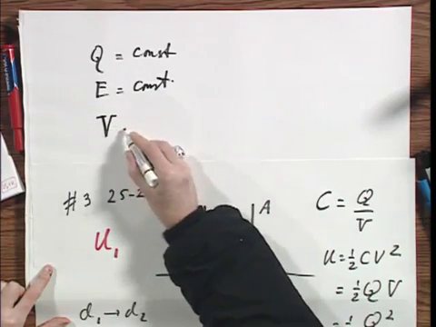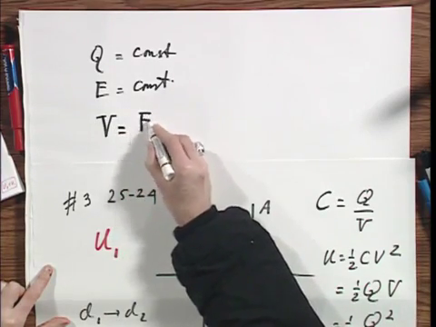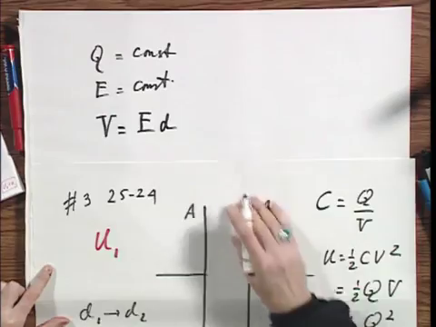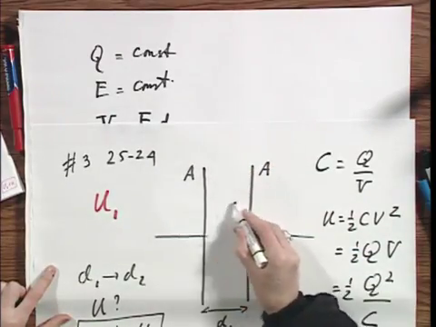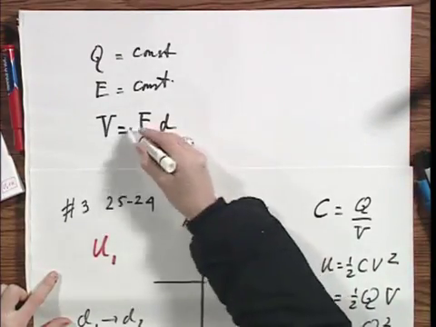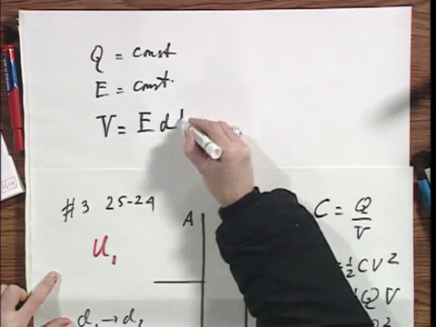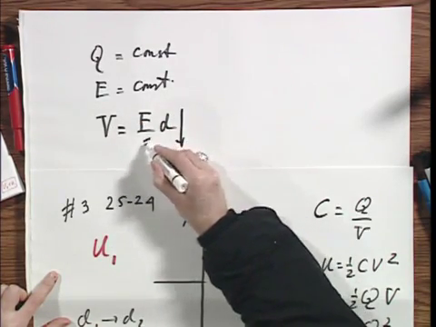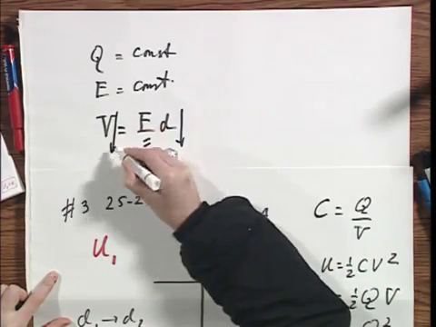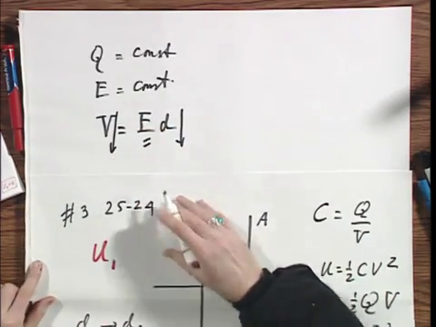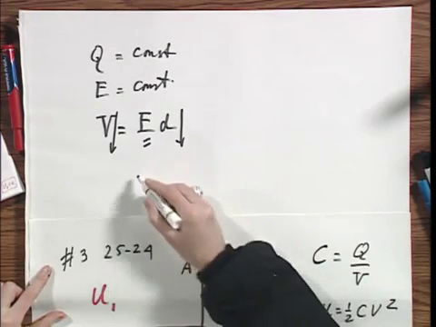Since the potential difference between the plates is the electric field times the distance d, it's the integral of E dot dl, it's immediately obvious that if d goes down and E remains the same, the potential difference goes down. And you can easily calculate how much that is.